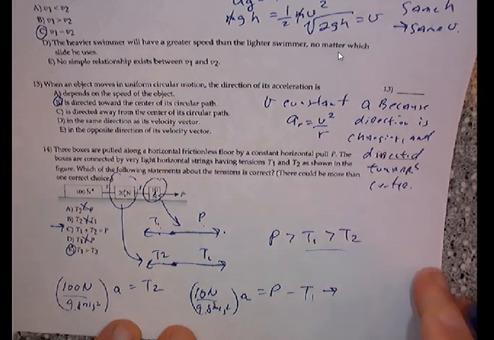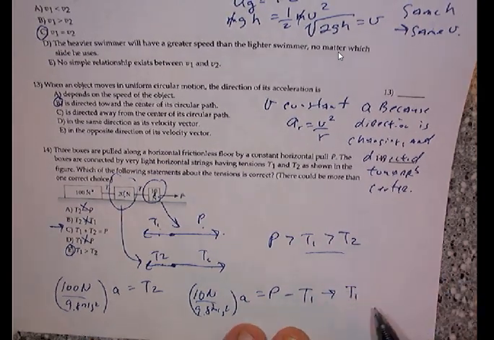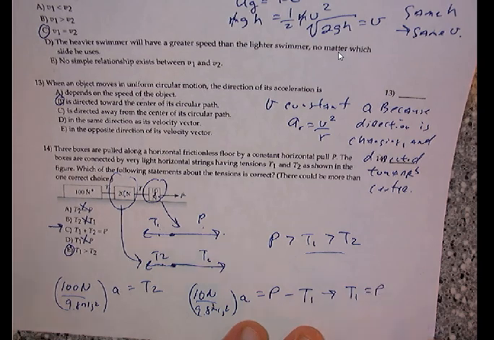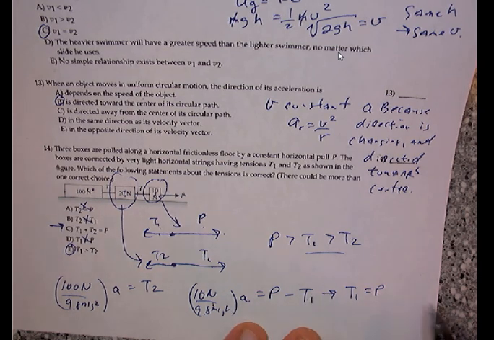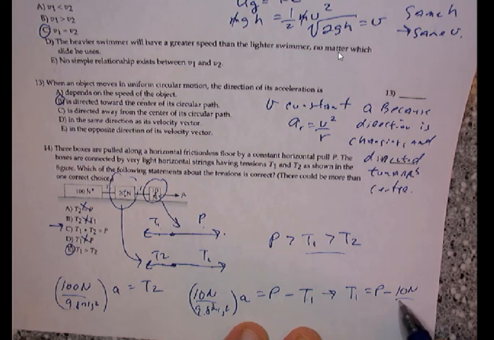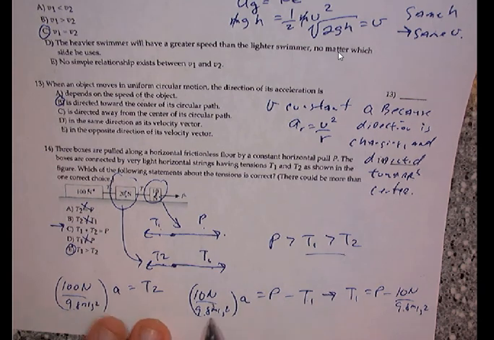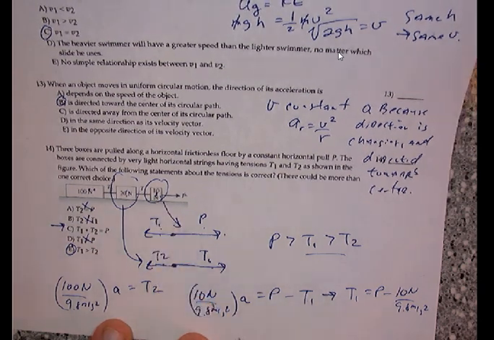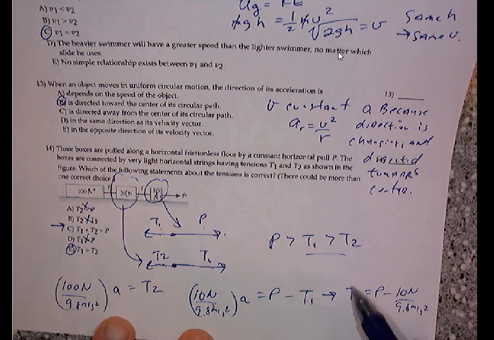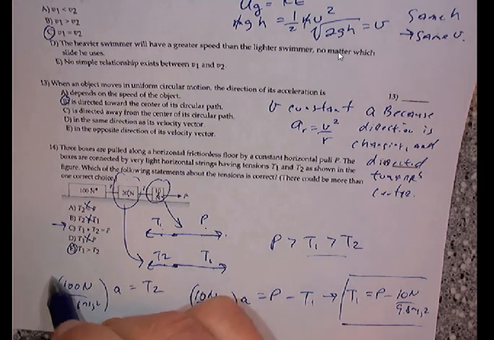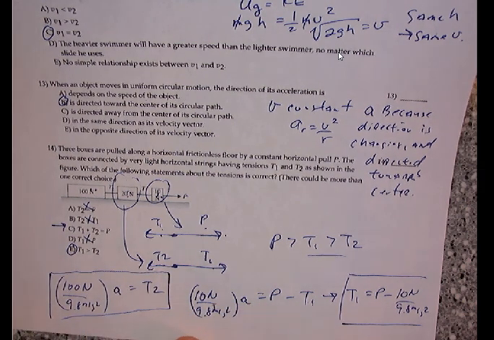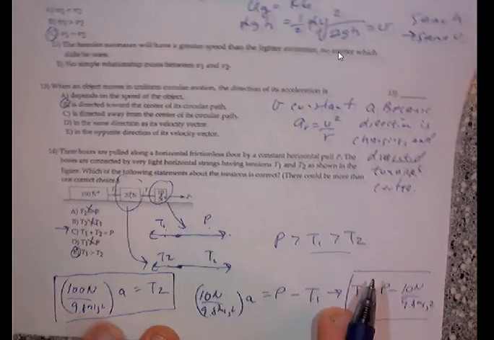It follows from this, doing a little bit of algebra, moving T1 to the left-hand side and this to the right-hand side, 10 newtons divided by 9.8 meters per second squared. Again, this is Newton's second law for the 10 Newton weight: ma equals P minus T1. Do a little bit of algebra, T1 to the left side, 10 newtons divided by 9.8 to the right-hand side, and I get this. So here's T1, here's T2, and then I can just add them together and see what I get.